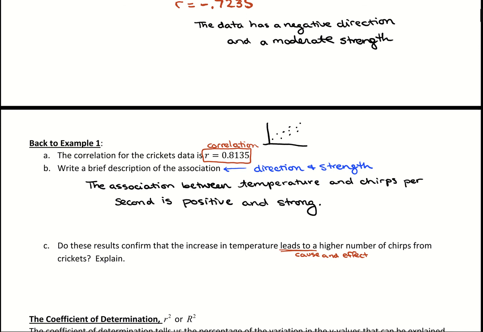I mean, the stronger the strength is, it starts really suggesting that there is something going on, but there still could be lurking variables. So with this, no, because we can't claim cause and effect. But we could say we see a strong association. But again, it has to be that looser wording.